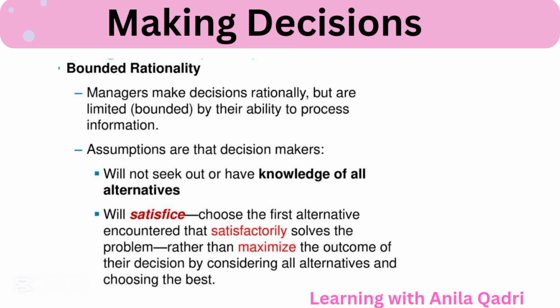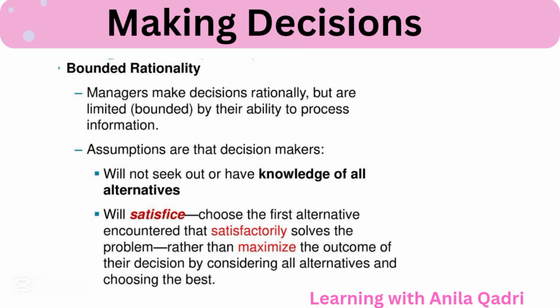Making decisions: bounded rationality. Managers make decisions rationally, but are limited, bounded by their ability to process information. The assumption is that decision makers will not seek out or have knowledge of all alternatives.